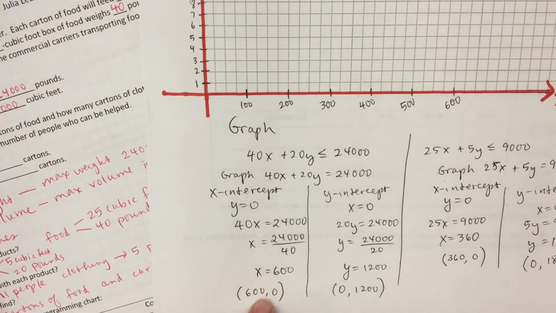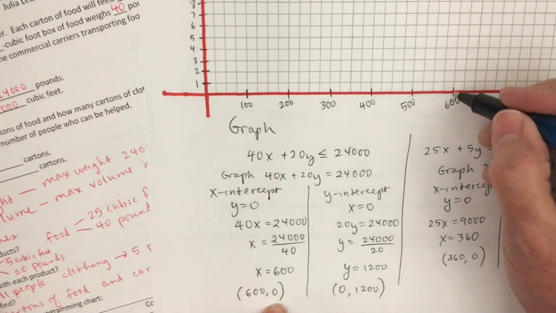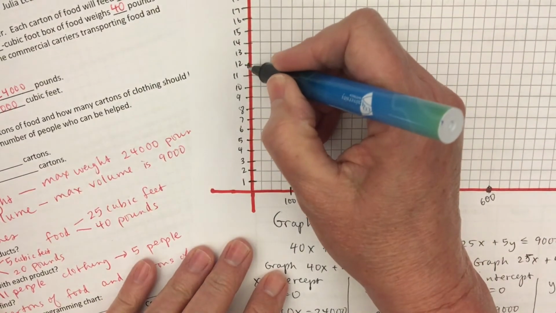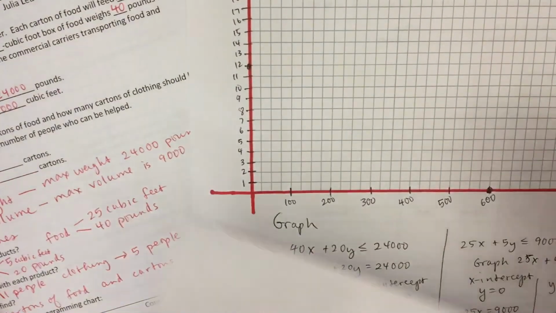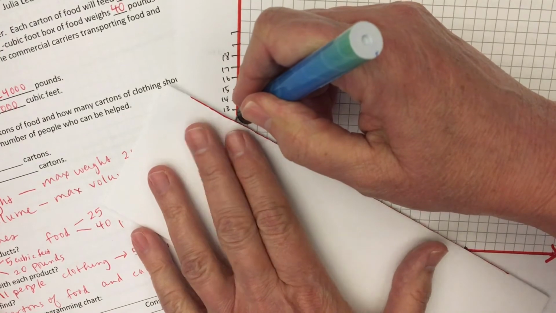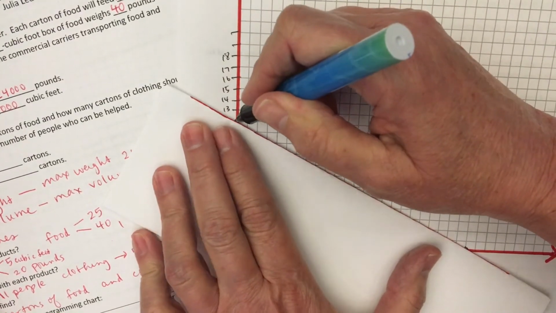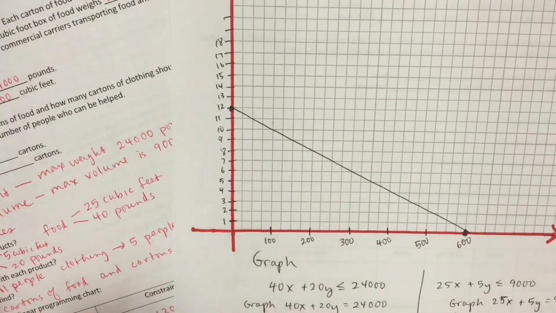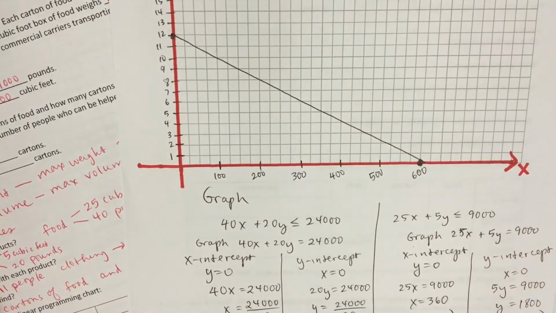The first line is 600, 0, and 1,200 on the y-axis, and then connect those dots with a straight line. The second line is 360, 0.